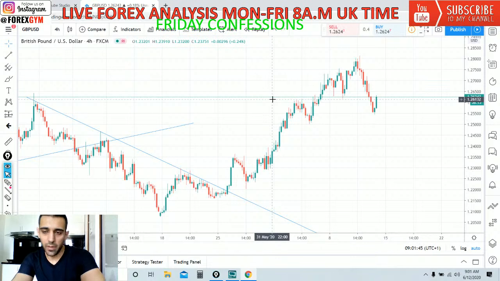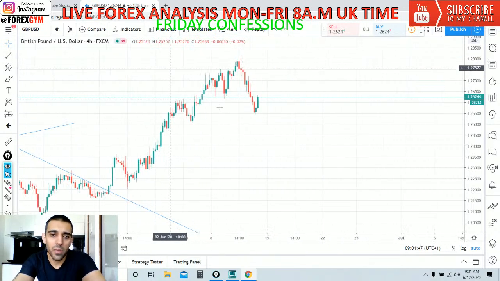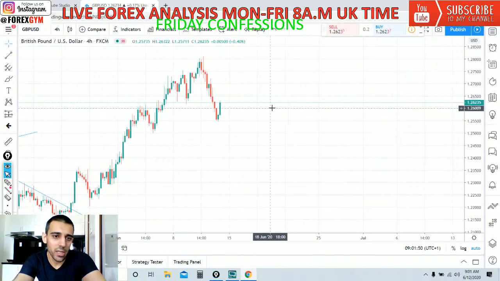I'm looking to see if I can find a way around, maybe to use the 1 hour time frame to get into the trade, or should I wait for the 4 hour candle to close? I still think that we should wait for the 4 hour candle to close.